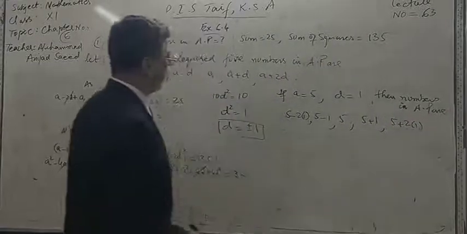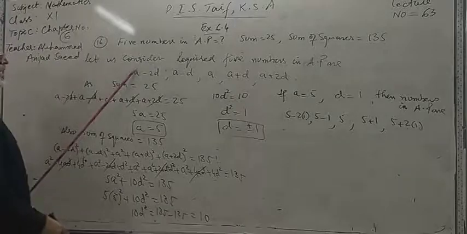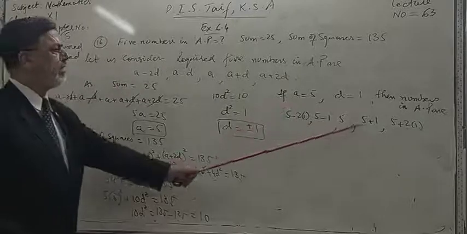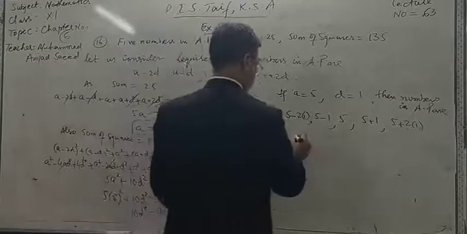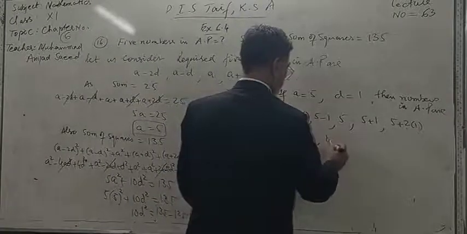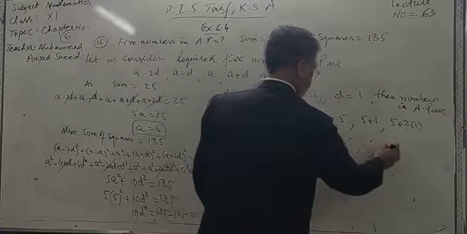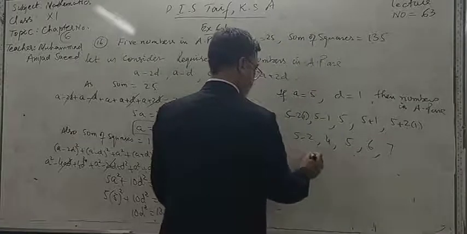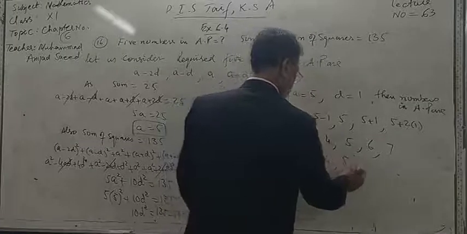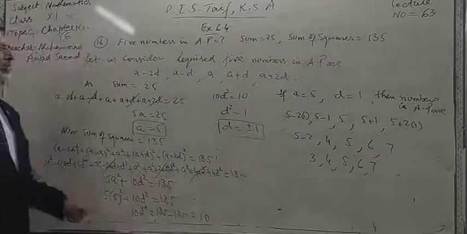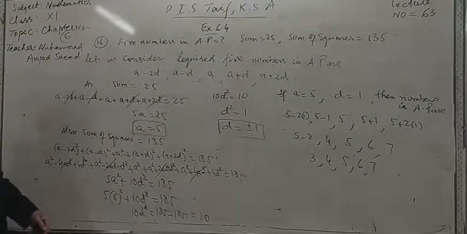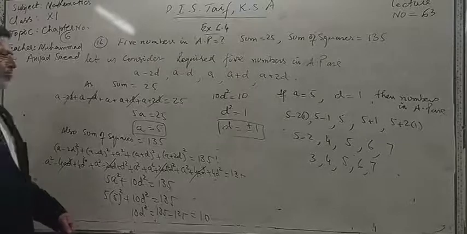I have applied 5 in place of A and 1 in place of D. Here is 5 minus 2, 4, 5, 6 and 7. This is 3, 4, 5, 6 and 7. Dear students, these are the 5 required terms in AP.